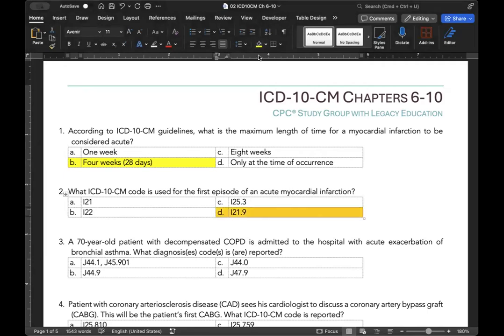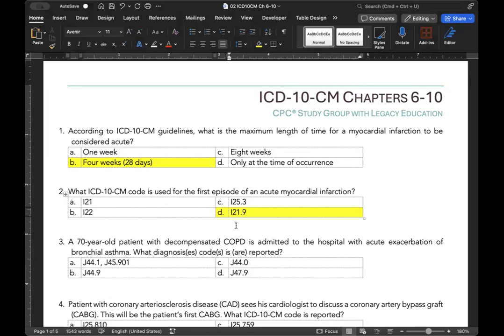In the real world, we always want to go back and verify our code in the tabular, right? From a testing perspective, you should if you have time. But if we see that that is the code in the options, then we can just use the I21.9.